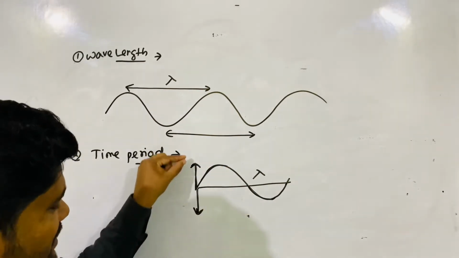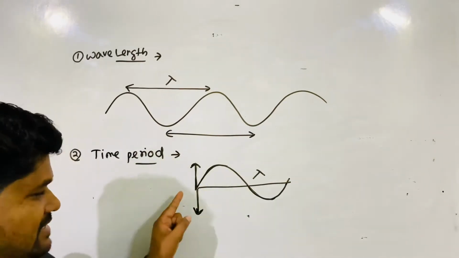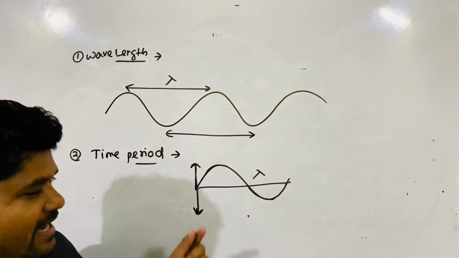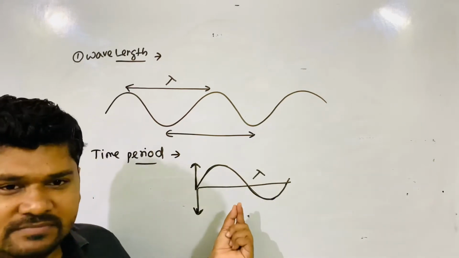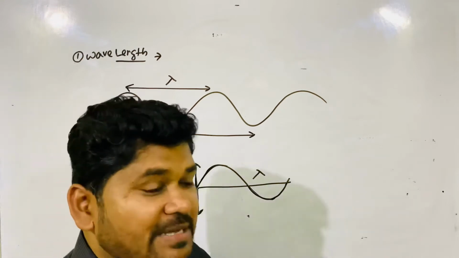When the particle completes one oscillation, the wave travels a distance lambda. The time taken by the wave to travel lambda distance is called time period.